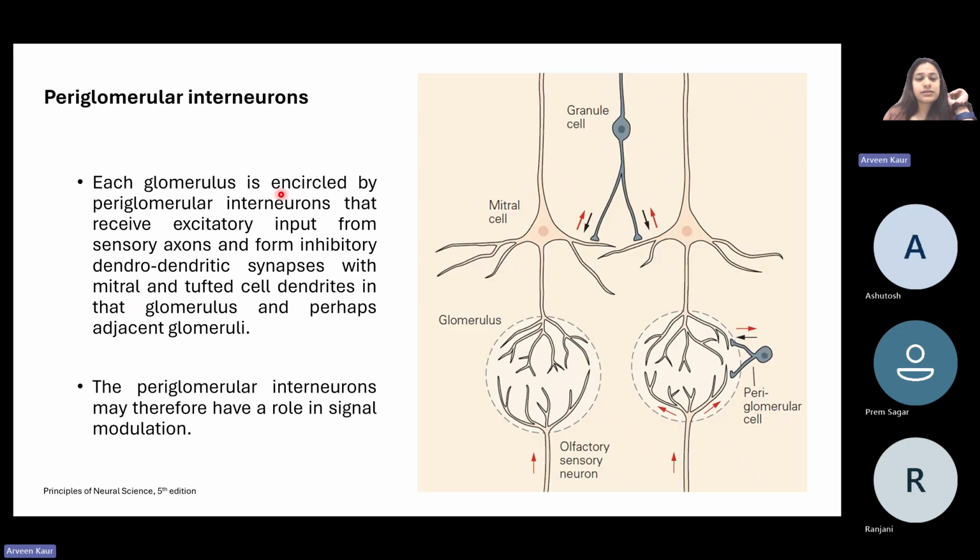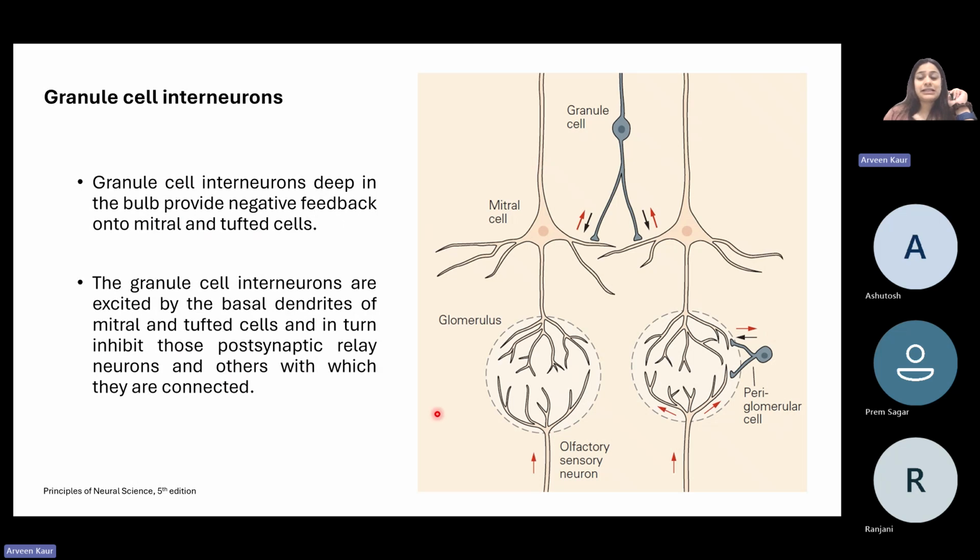Also, each glomerulus is encircled by periglomerular interneurons, these ones, right? They receive excitatory input from the sensory axon and form inhibitory dendrodendritic synapses with mitral and tufted cell dendrites in that glomerulus, perhaps adjacent glomeruli also. Periglomerular interneurons may therefore have a role in signal modulation.